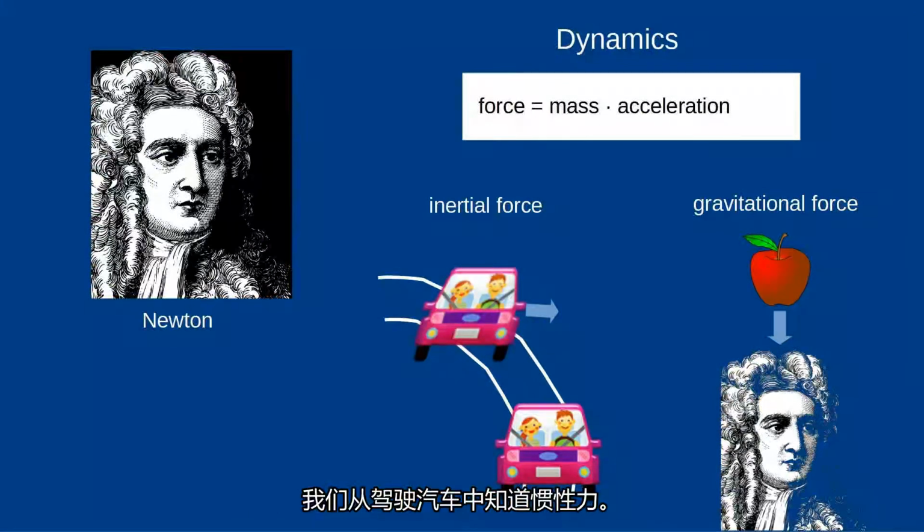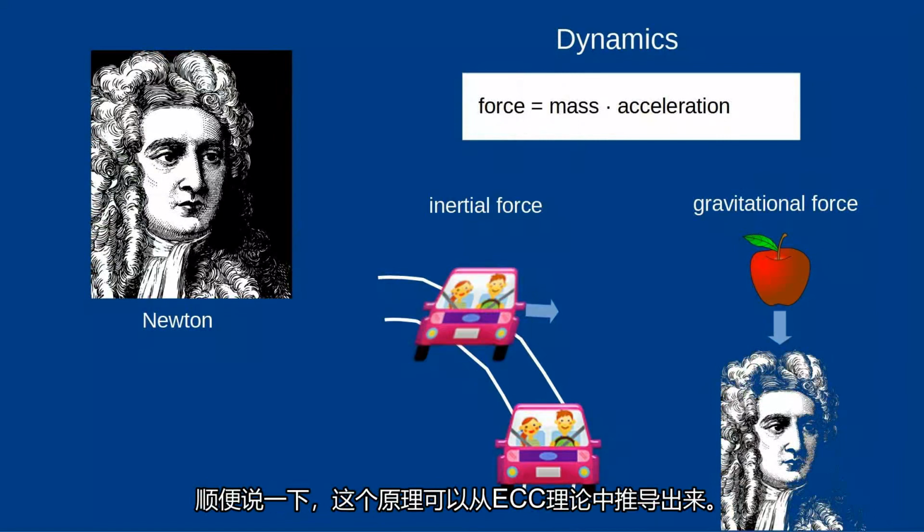We know inertial forces from driving a car. Gravitational mass attraction exists, for example, between the Earth and the Sun. Both types of force are equivalent, which has been called the principle of equivalence since Einstein. Incidentally, this principle can be derived from ECE theory.